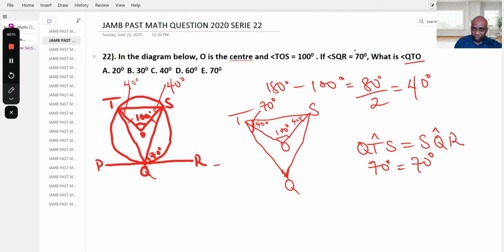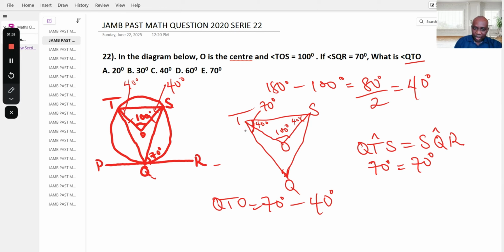QTO. Based on what the question said, QTO is what we should look for. Therefore, it's going to be 70 degrees minus 40 degrees, because the total here should be 70, and we have seen from here to here 40 degrees.